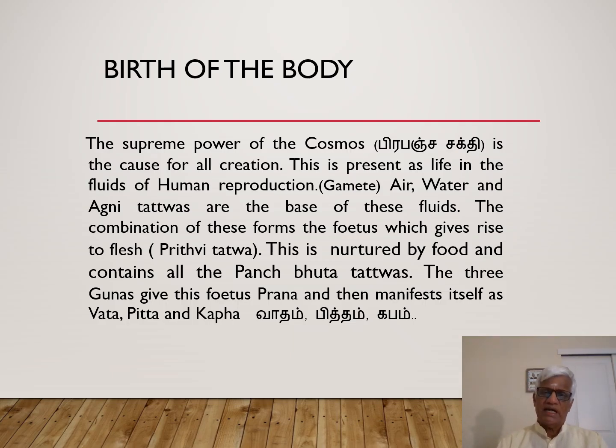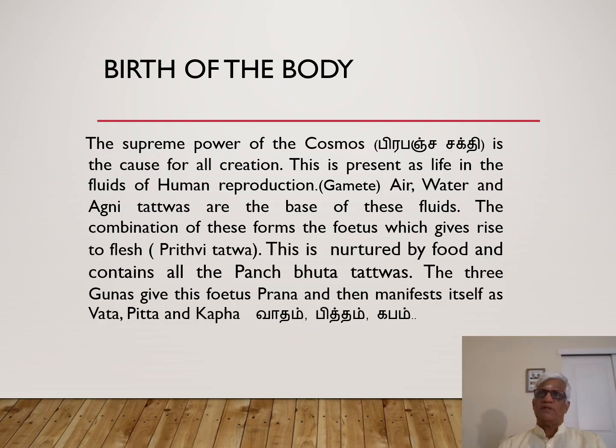First, the Akasha Tattva of the Prapancha Shakti or the cosmic power has entered and gave rise to air, Agni, and water to form the fluids of creation or reproduction. And the fluids of reproduction combine together to form the Prithvi Tattva. Then food is supplied.